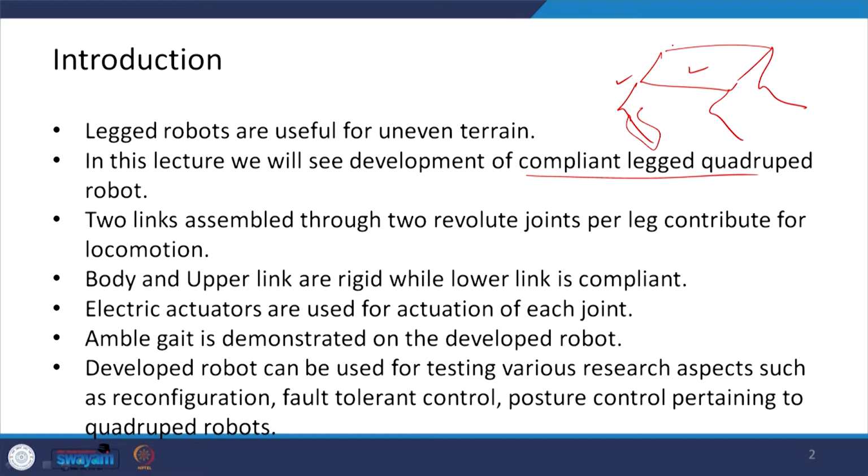In the amble gait, the robot has 4 legs: one leg is in the air, whereas the 3 legs are in contact with the ground. That is what we call the amble gait. And this developed robot can be used for testing various research aspects such as reconfiguration, fault tolerant control, and posture control pertaining to 4-legged robots.